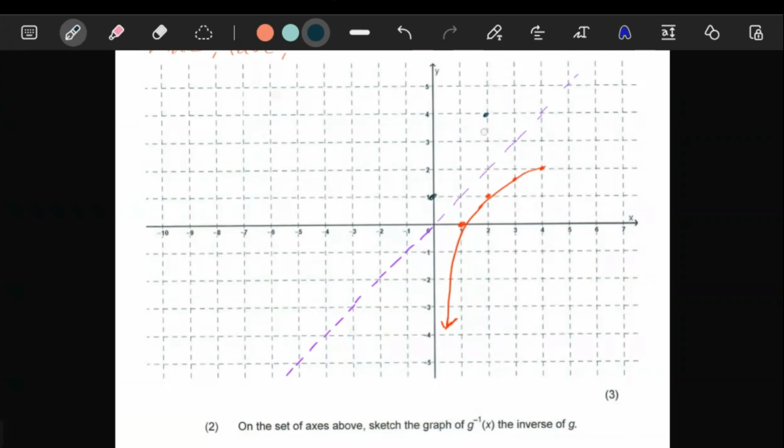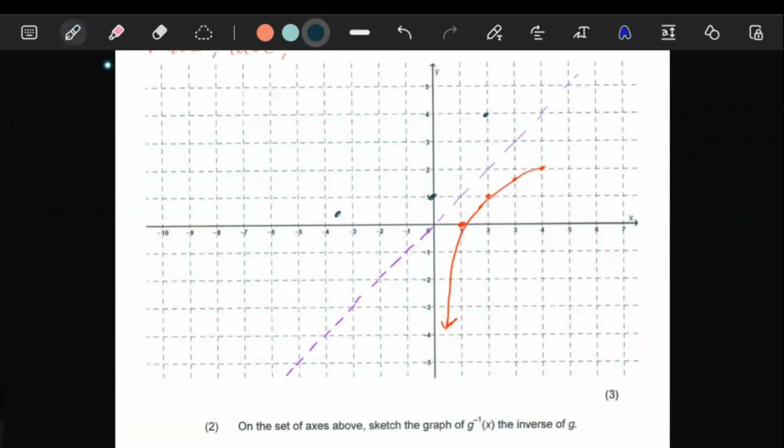Now the idea is, if your curve here looks like this, this point here is going to be somewhere here, and this point here is going to be somewhere over there, because it has to be a mirror image of each other. So the distance here has to be the same as the distance there.